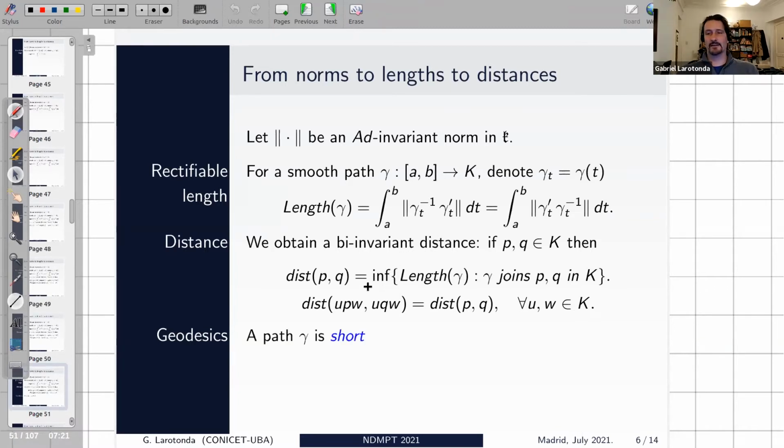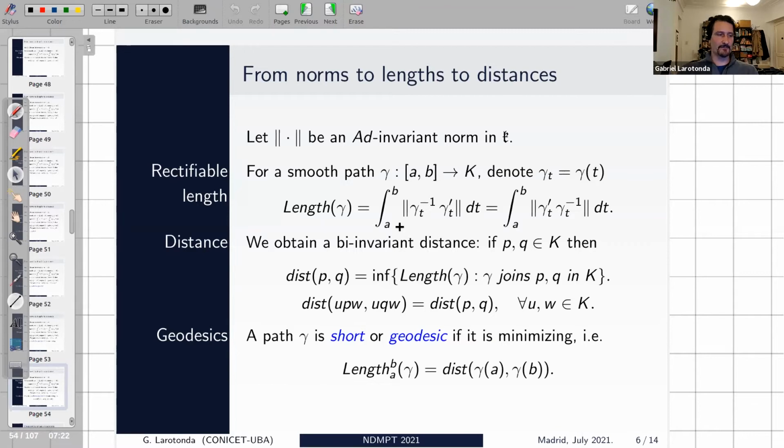You usually define a short path or a geodesic as some kind of variational principle applied to this functional length. And then you have something that obeys a differential equation. Here we take the other approach introduced by Gromov and others, which is you define a path as a geodesic or short if it's optimal, if it's minimizing, if its length measured like this is equal to the distance among its endpoints, as I discussed at the beginning of the talk.